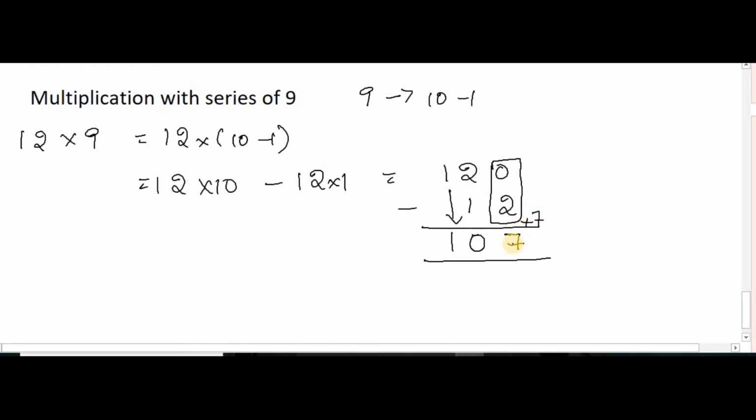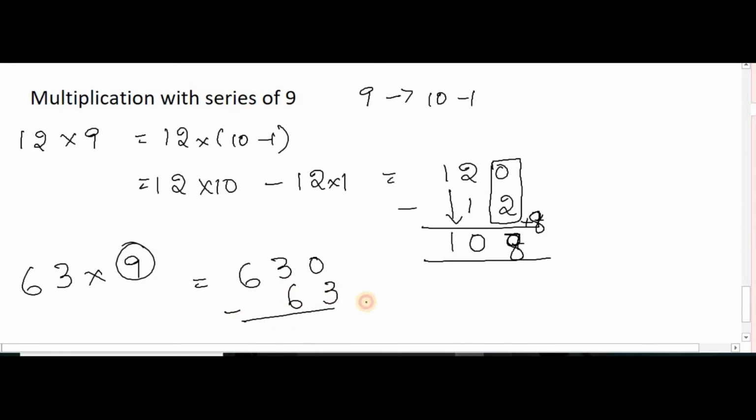Okay students, so when you are going to multiply with 9, one more example I'll take. For 9 you have to write the number with 0 and subtract the same number. As it is a mismatch combination, we write the before number.